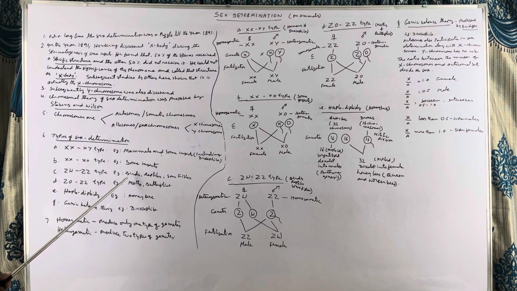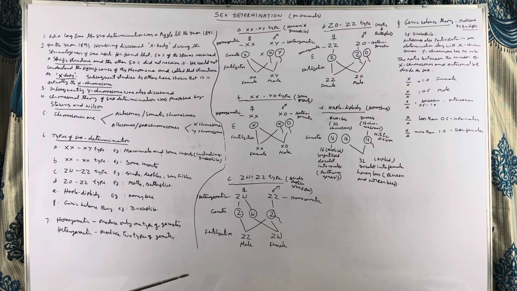ZW-ZZ type is found in some birds, reptiles, and some fishes. ZZ-ZW type, it is found in moths and butterflies. Haplodiploidy, it is seen in the honeybee. Then there is a very interesting theory known as genic balance theory. It was proposed by a scientist known as Bridges in the insect Drosophila.